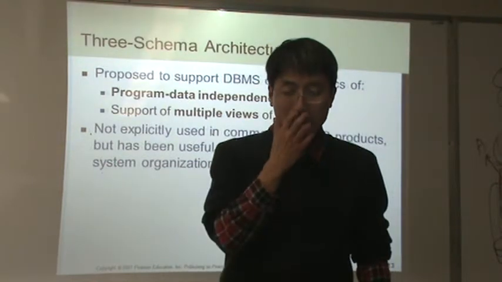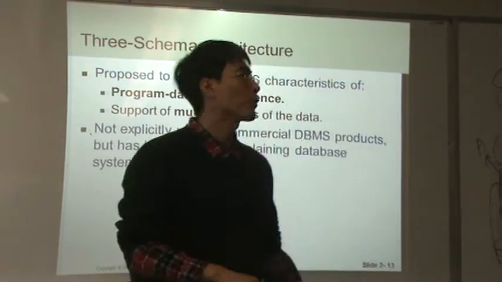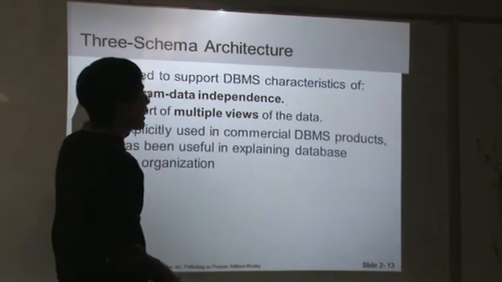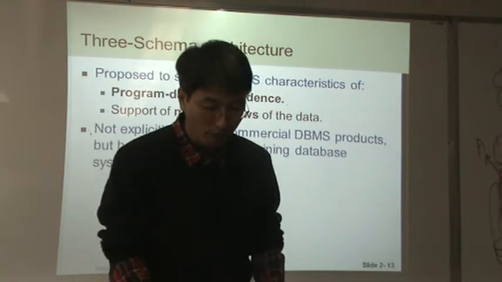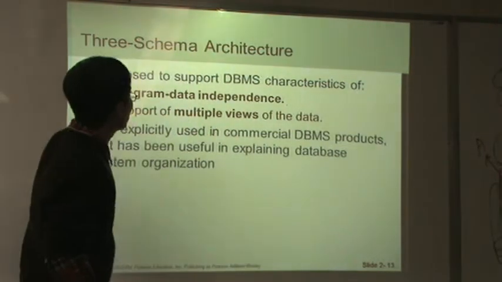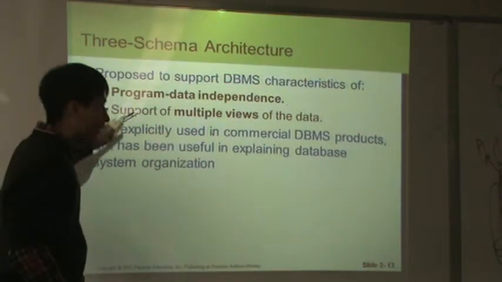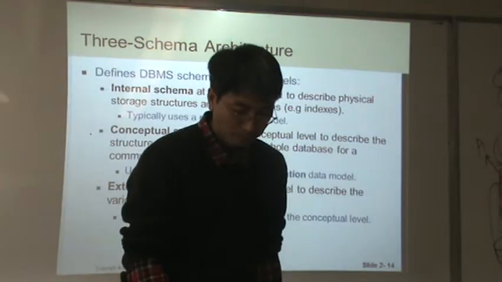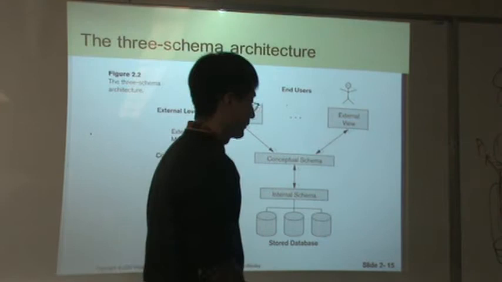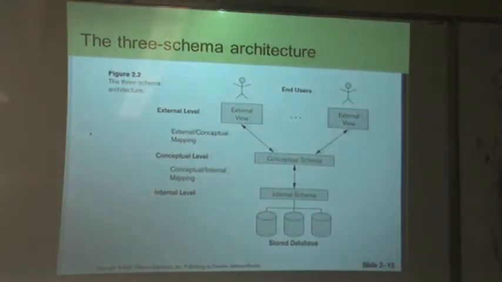ANSI proposed the standard database structure to implement program data independence and support multiple views of the data. So there are three schemas in the architecture: external schema, conceptual schema, and internal level schema.